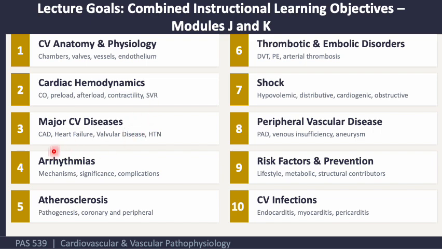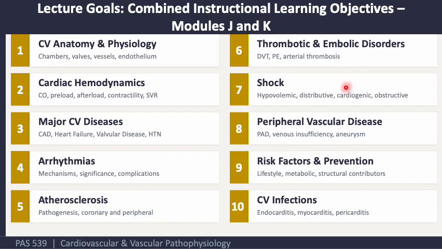We'll talk about the major cardiovascular diseases, such as coronary artery disease, heart failure, valvular disease, and hypertension. We'll talk about the mechanism, significance, and complications of some of the major arrhythmias. We'll discuss and explain the pathogenesis of atherosclerosis and discuss how it affects coronary artery disease as well as peripheral vascular disease.